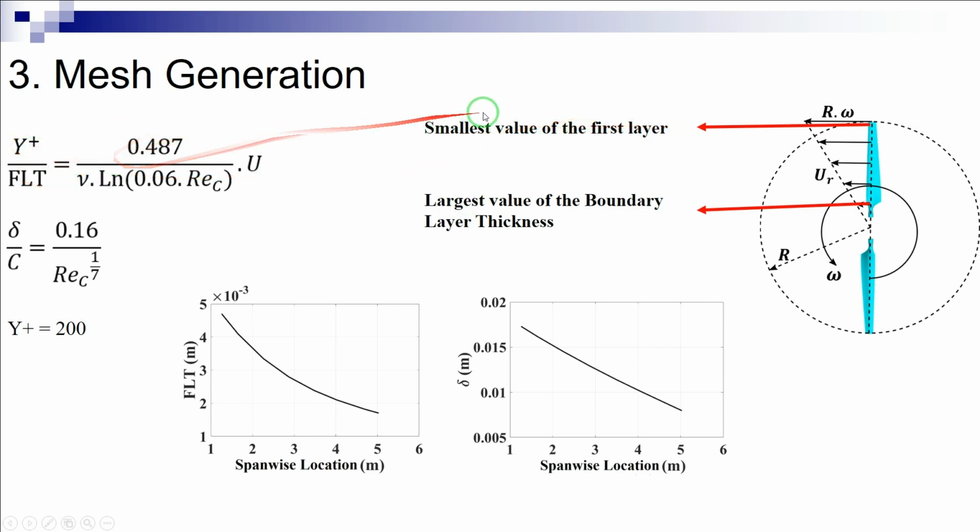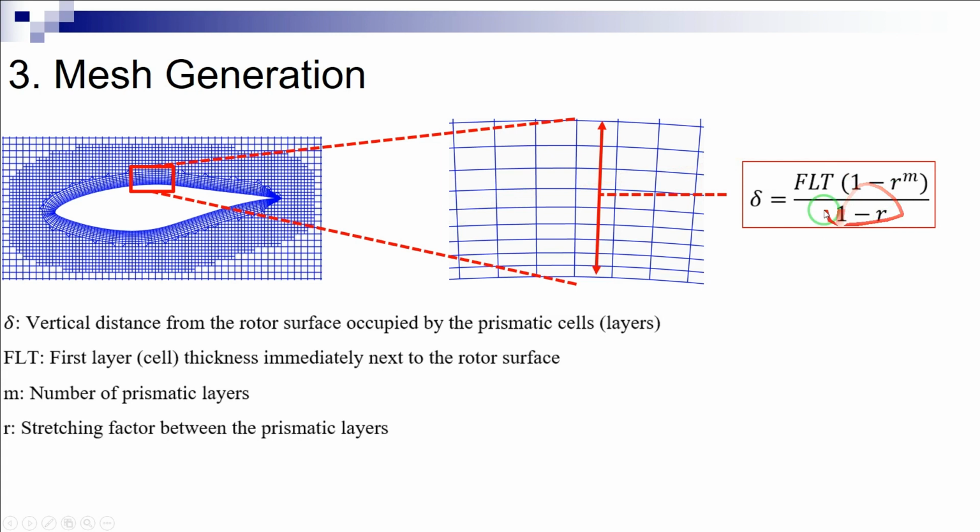These prismatic cells are stretched from the rotor surface over a vertical distance equal to the boundary layer thickness calculated for the blade root using this equation. The relationship between these prismatic cells is established using a geometric progression as shown here.